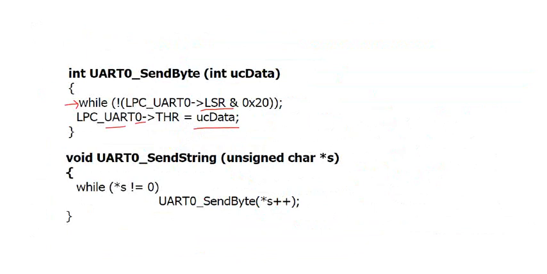This is the send string function, where we send a string, and each byte is sent to the send byte function, and individually the ASCII value is sent to the THR register. So this is our main program.